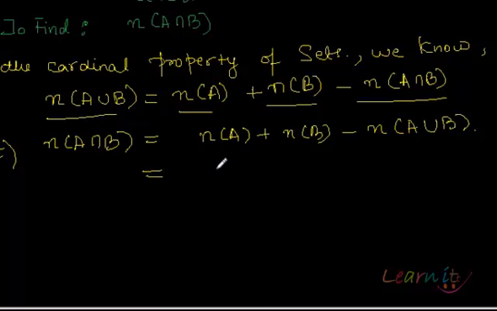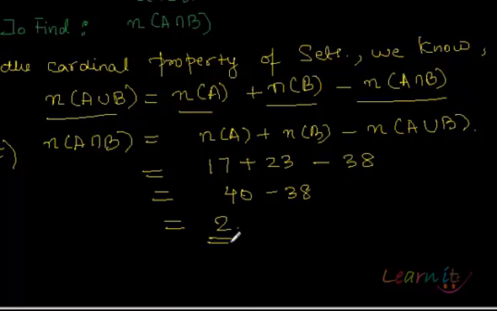Just putting the values here, 17 plus 23 minus 38 implies that the intersection has 40 minus 38, that is 2 elements. So n(A intersection B) equals 2. There are just 2 elements in the intersection.